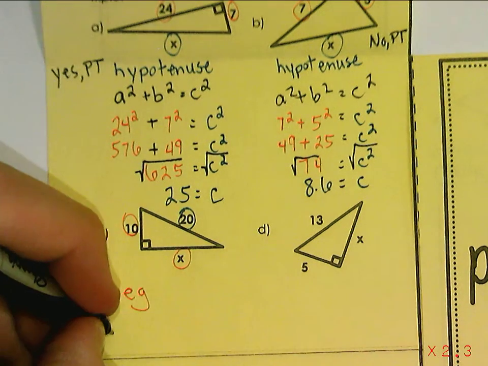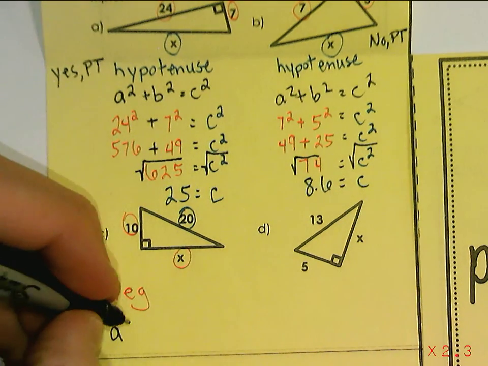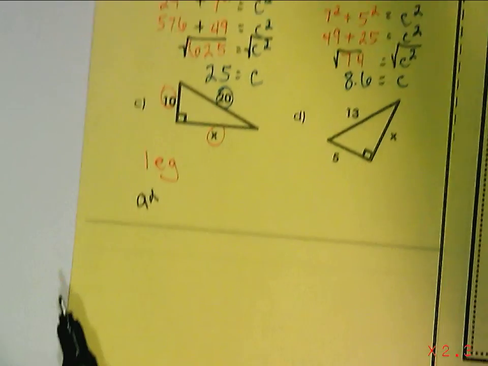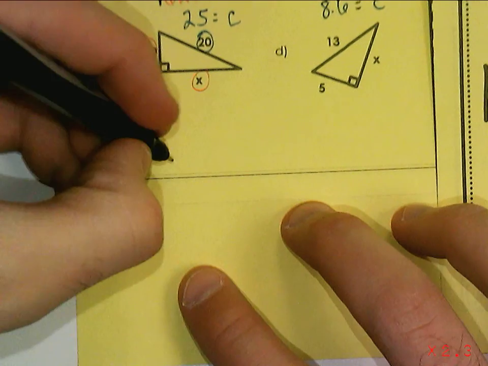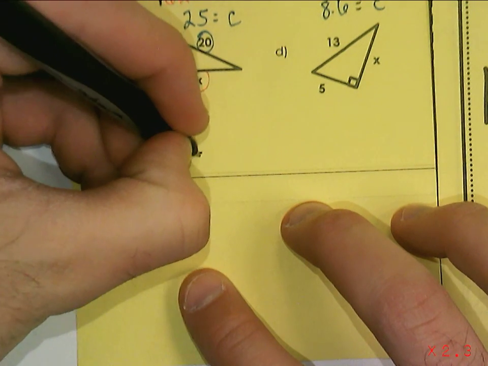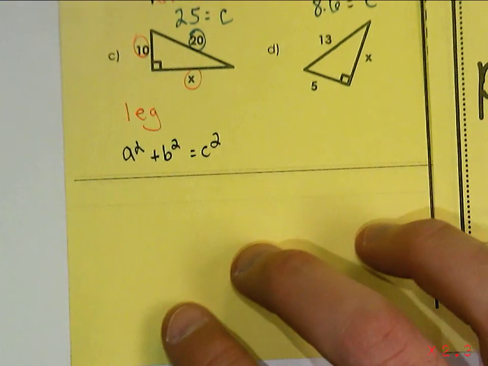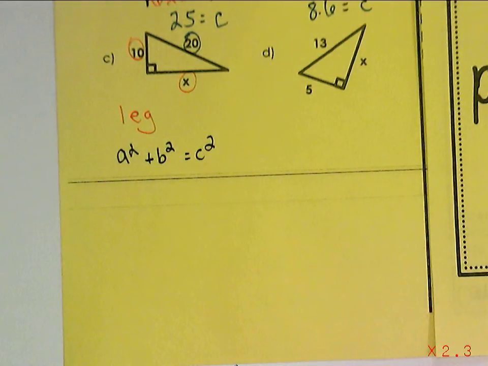So write down our equation, which is a squared plus b squared equals c squared. Now, where we put the 10, in the a or the b, it doesn't matter because we're solving for one of the legs either way.